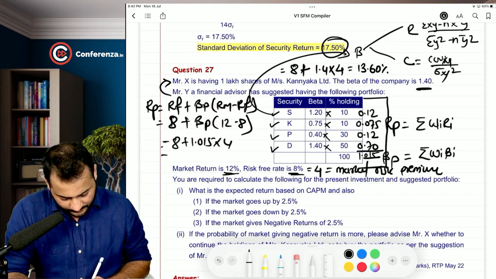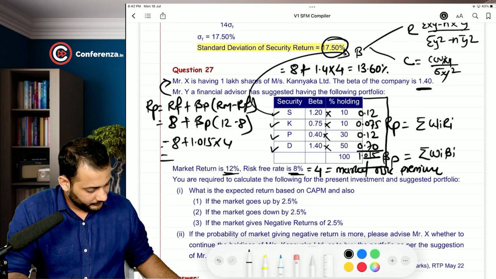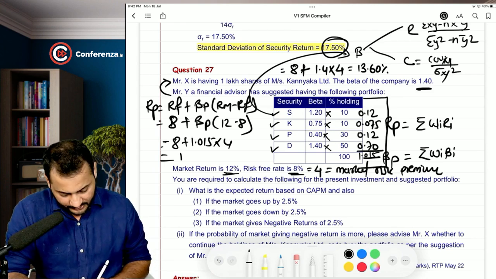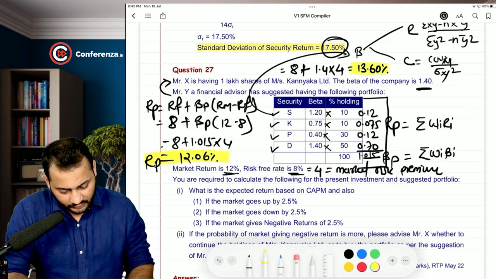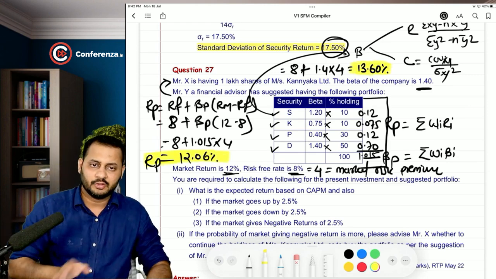Put this 1.015 into 4. So the portfolio return will be 12.06. So we have two returns, one for the portfolio and one for Kanyaka Limited, according to their risk.